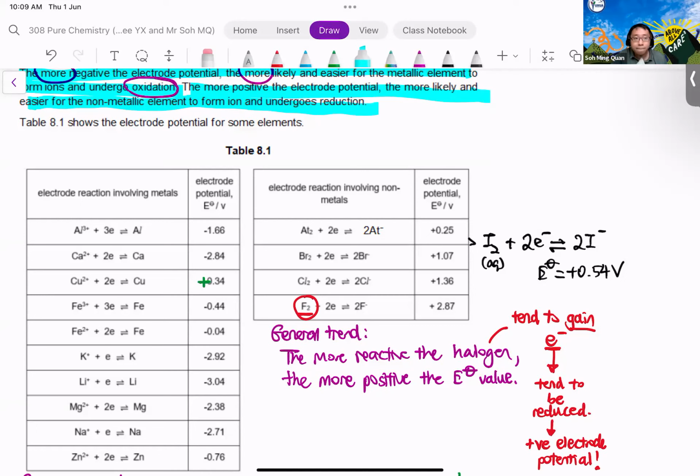So iodine's E0 value should also be in between 0.25 and 1.07 volt. The actual value is 0.54 volts for iodine. So you need to suggest a value that is in between that of astatine and bromine, because we know that iodine is less reactive than bromine, more reactive than astatine.